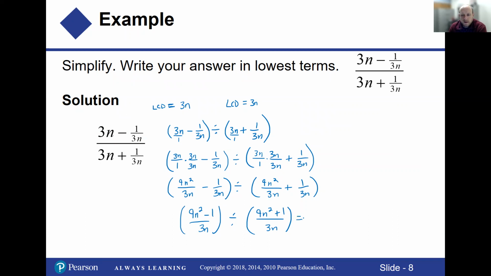So let me write that here. This is going to be 9n squared minus 1 over 3n, times the reciprocal of the second one, so 3n over 9n squared plus 1.